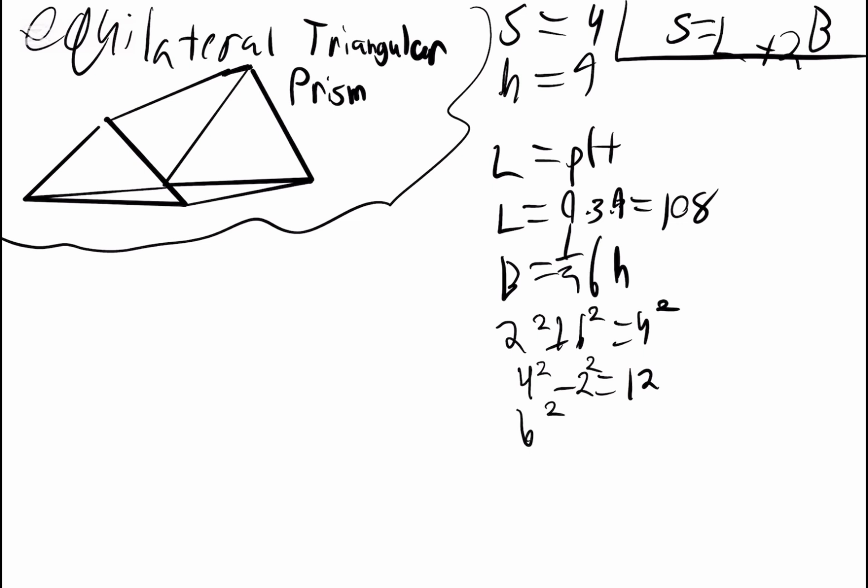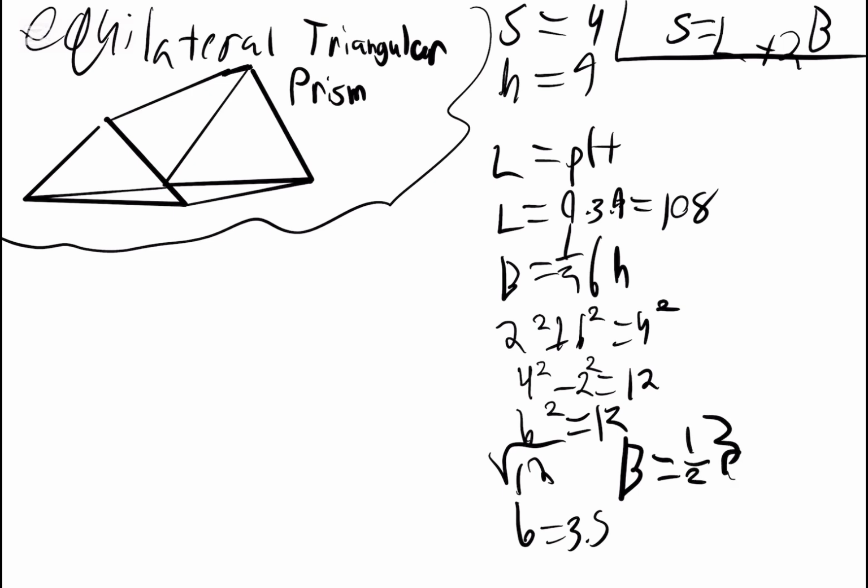So, b squared equals 12. We would do the square root of 12. So, b equals 3.5. So now, our uppercase B base would equal 1/2 times 3.5 times 4 equals 7.